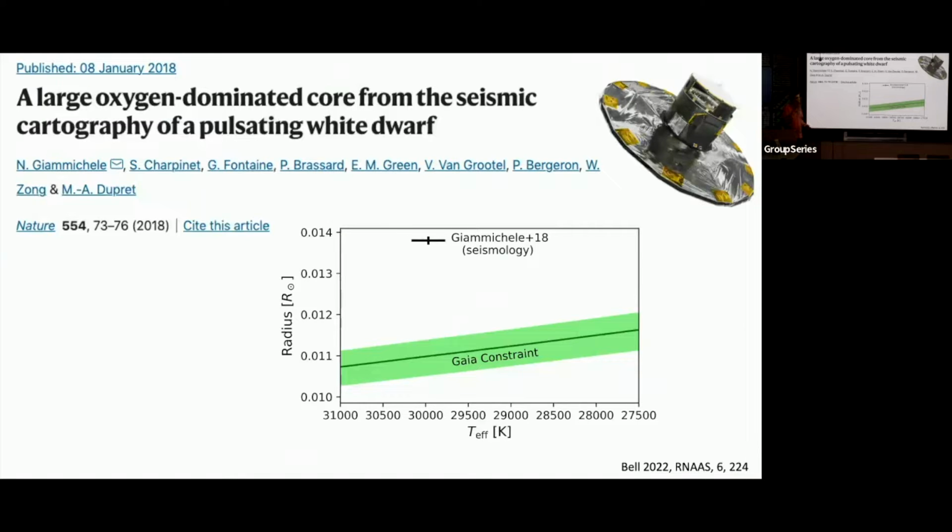Some extra thermal pulses or something, late thermal pulses. I'm not sure exactly. I'm not a theorist. I don't follow the details very well. But they have been able to reproduce this since. They also have applied this method to 3 other hydrogen atmosphere pulsating white dwarf stars, and they find radius constraints for those that do agree with the Gaia constraint.